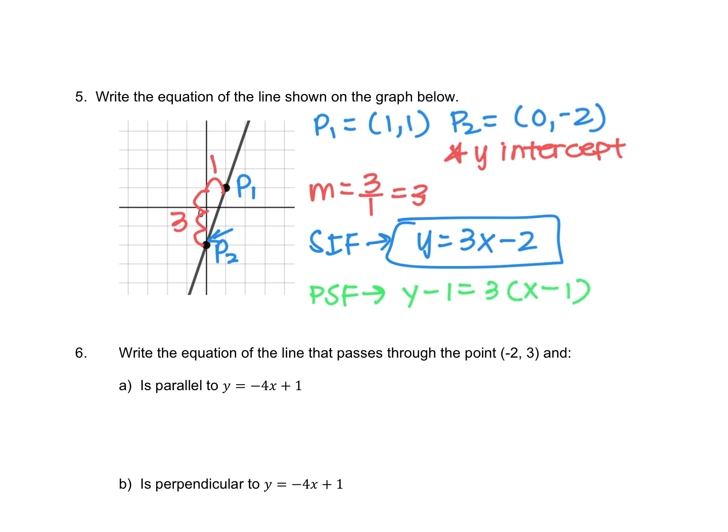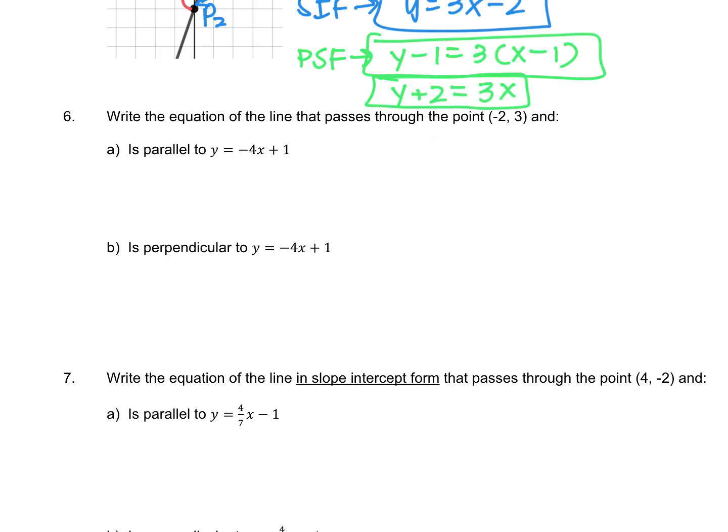Good. Do I need to change anything? No. So either answer, you also could have done y plus 2 equals 3x, because it would have been x minus 0, which is nothing. So any of those answers would be correct.